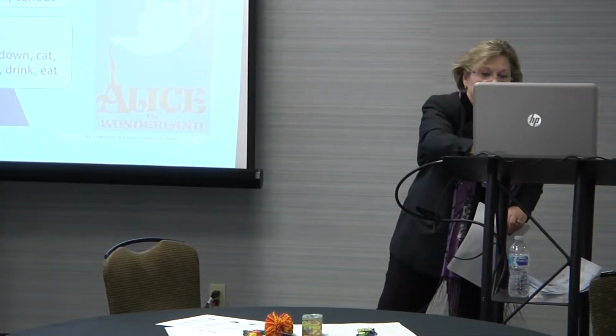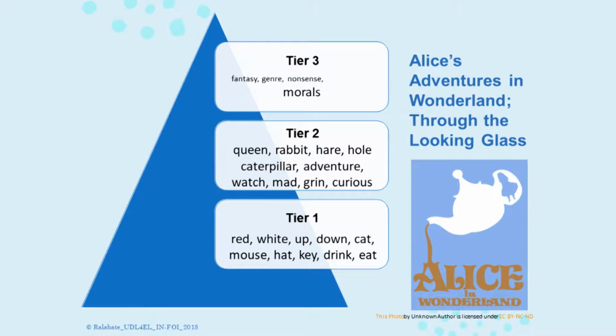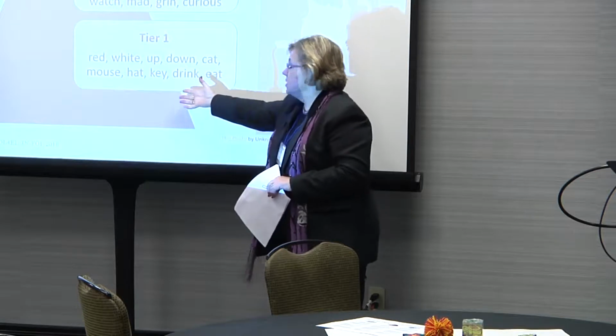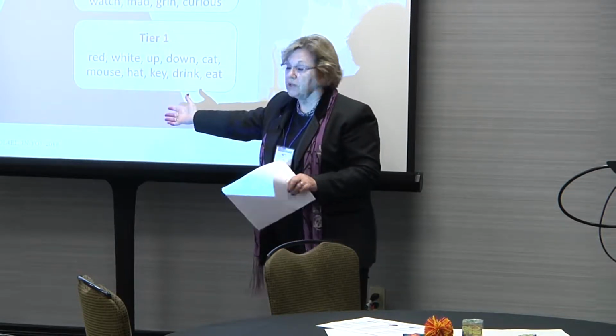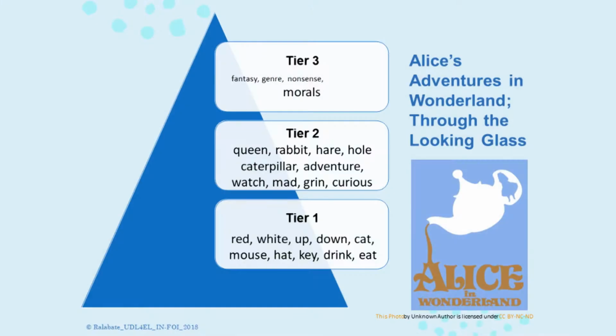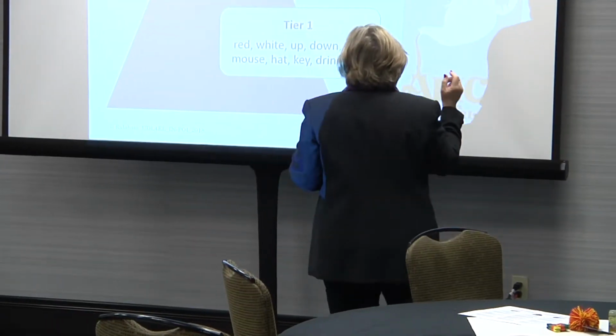Let me show you an example. Alice in Wonderland is my daughter's favorite book. So if I were to be teaching about Alice in Wonderland, these are some of the Tier 1 words, common English vocabulary words. These are some of the Tier 2 words. You don't usually talk about queens, at least not in our country, or caterpillars.